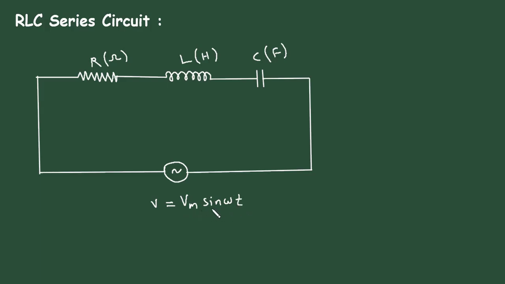This is the standard expression for AC sinusoidal voltage. Let's say the voltage across this resistor is VR, the voltage across this inductor is VL, and the voltage across this capacitor is VC.